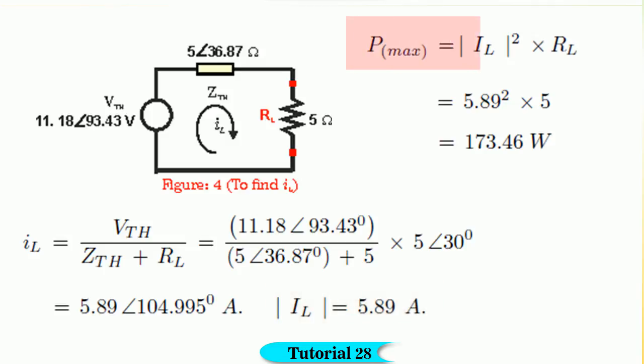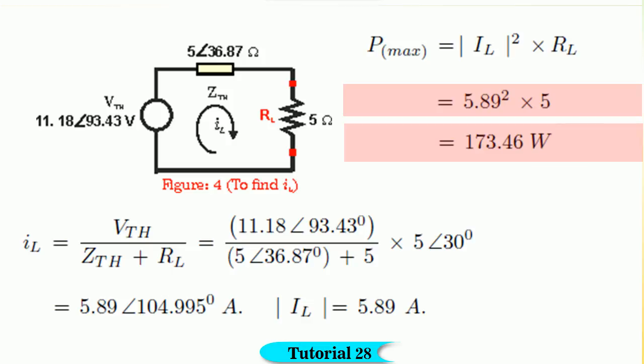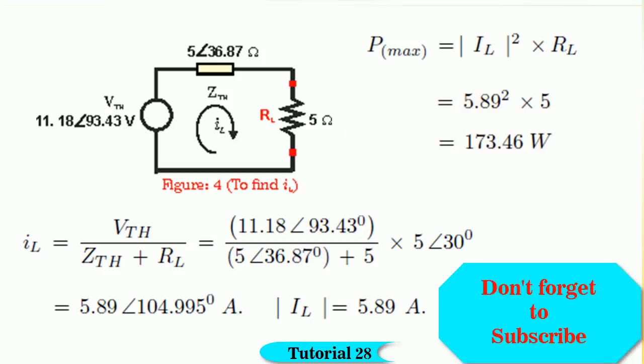Hence, P max is equal to mod of IL squared into RL. By substituting the values, we get P max is equal to 173.46 watts.